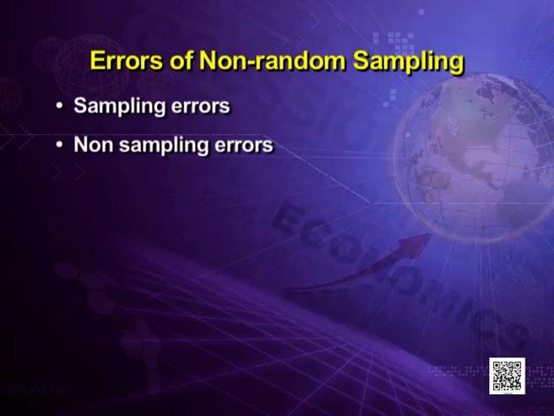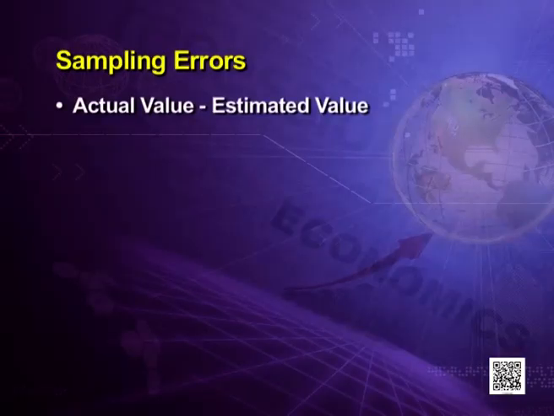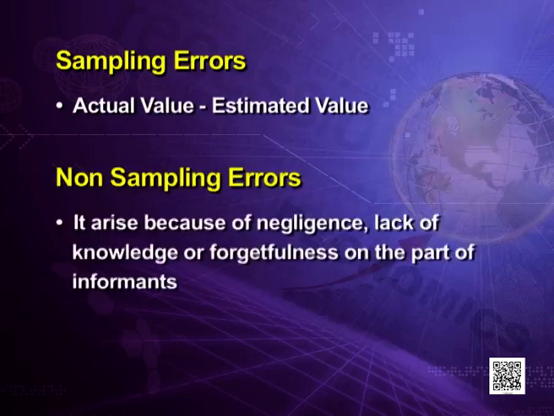The sampling error, as the name suggests, occurs because of the difference between the actual value and the estimated value. Non-sampling error arises because of negligence, lack of knowledge or forgetfulness on the part of informants. These kinds of errors can be minimized by increasing the size of the sample.